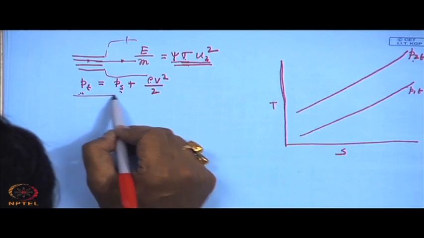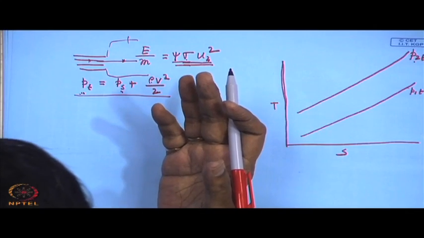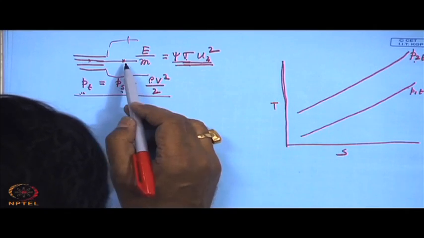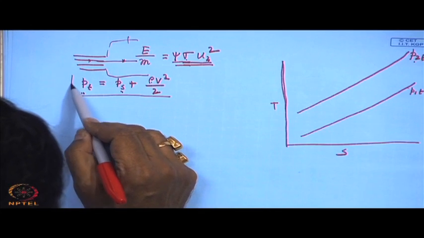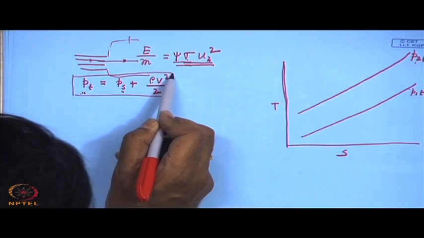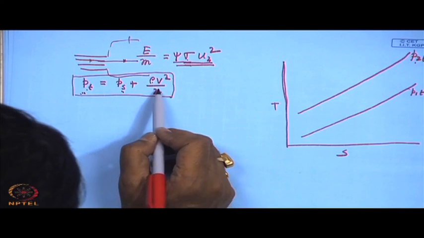And you can write Bernoulli's equation when there is no energy added from outside, okay, and there is no dissipation taking place, no fluid friction. So, therefore, under ideal condition for an inviscid fluid, this is synonymous to an isentropic flow, that the fluid is brought to rest.